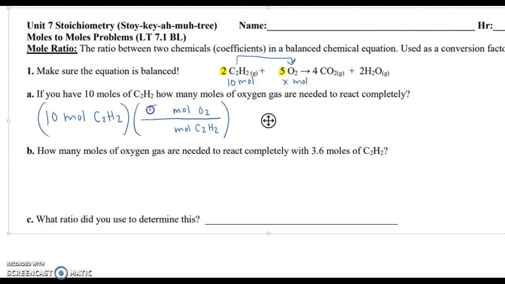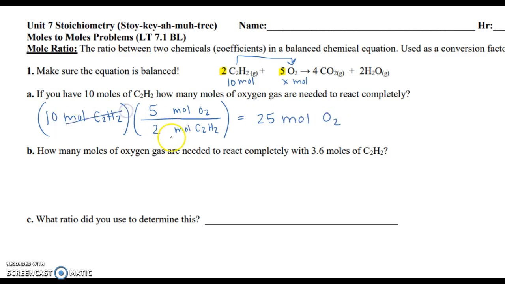So for every 5 moles of O2, I have 2 moles of C2H2. When I plug it into my calculator, I take 10 times 5 divided by 2 to get my answer of 25 moles of O2. Moles of C2H2 cancels, and I make sure that my answer is correct.